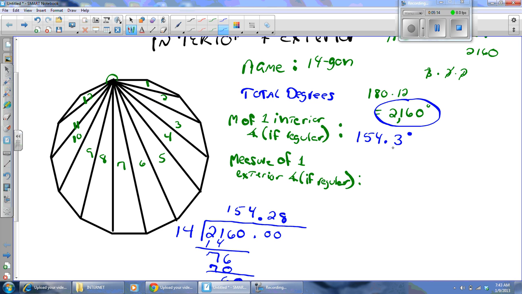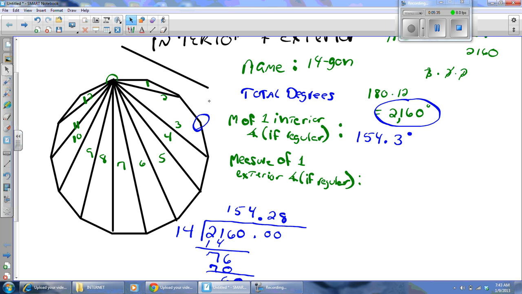All right. So there's the measure of one angle if the polygon is regular. So for example, that's the measure of this angle right here. Or if I move some of these out of the way, that's also the measure of this angle right here. It's 154.3 degrees large.